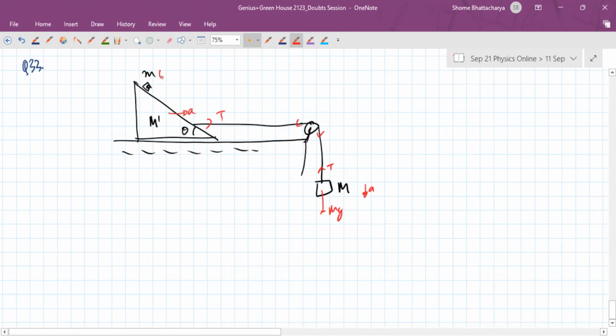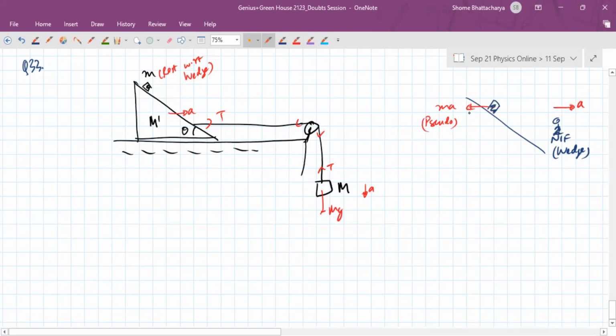But if this one is at rest with respect to the wedge, then what should happen is that when I make the free body diagram of that small block in the non-inertial frame of the wedge, so the wedge is accelerating at A, so there should be pseudo force acting on this, which is mA like this.